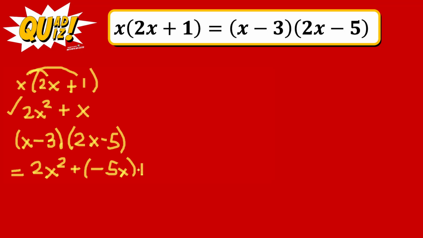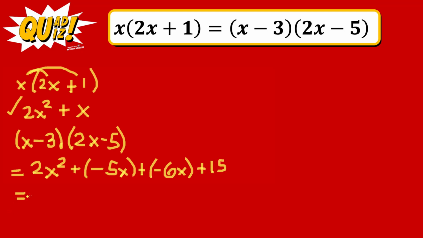Next, you will have plus negative 6x. Notice that I am using plus as a separator so as not to be confused with the operations specifically for subtraction, but either way it will just return to a negative later. And you will have plus positive 15.